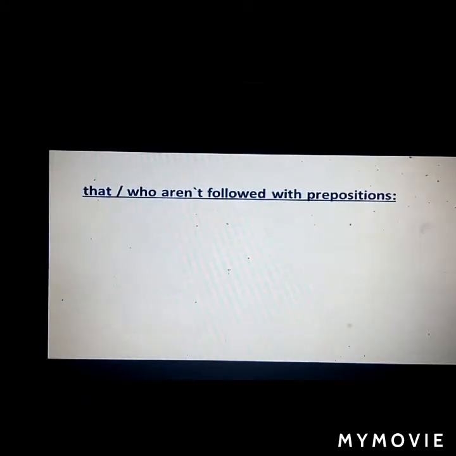Who or that aren't followed with prepositions. لو أنا عندي حرف جر ما ينفعش أستخدم that or who. The man for whom he works is German. لو من بس ممكن استخدم who or whom، لكن عشان في preposition ما ينفعش ان انا استخدم معاها who وإن for whom.